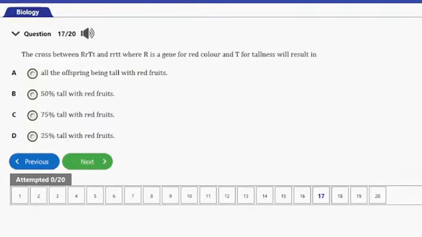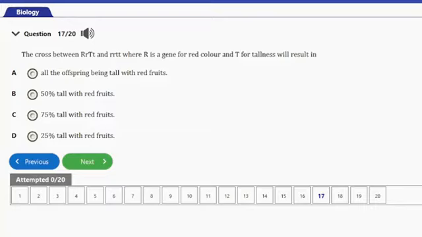So let's consider the next question, question number 17. Here it says the cross between RrTt, and that's like heterozygous, and rrtt, that's homozygous recessive, where R is a gene for red color and then T for tallness, will result in A, all the offspring being tall with red fruits, B, 50% tall with red fruits, C, 75% tall with red fruits, D, 25% tall with red fruits.